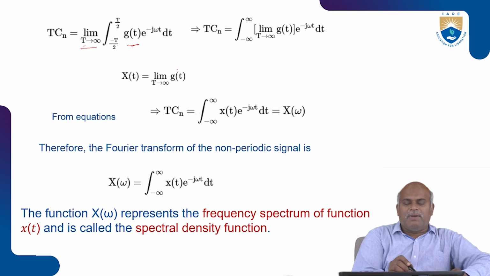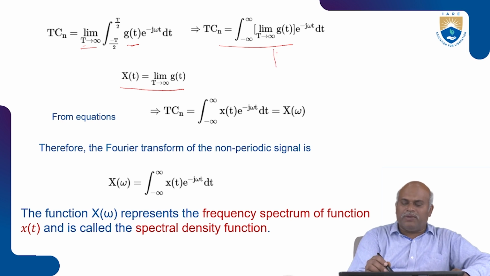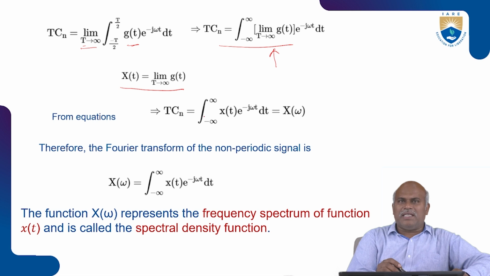Now, this value I represent as capital X of t, equal to limit T tends to infinity g of t. So only this portion we write. So from the equation, T c of n is equal to integration from minus infinity to plus infinity x of t e power minus j omega t dt. This whole value I call capital X of omega.